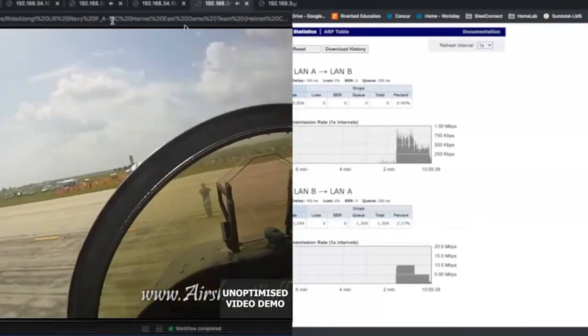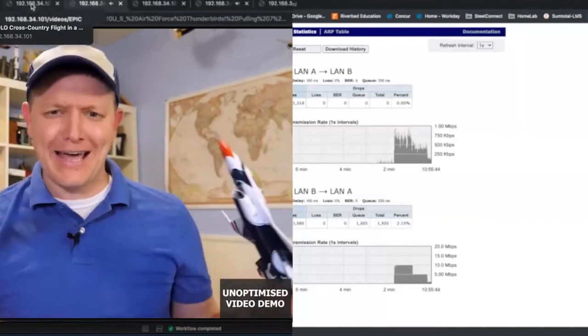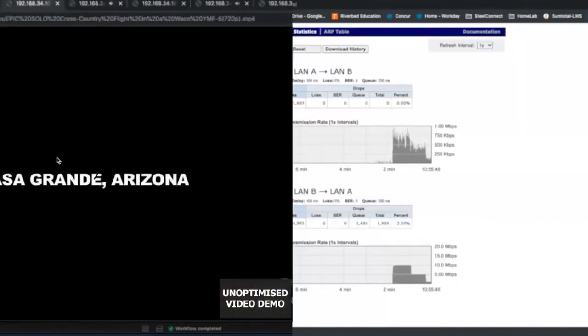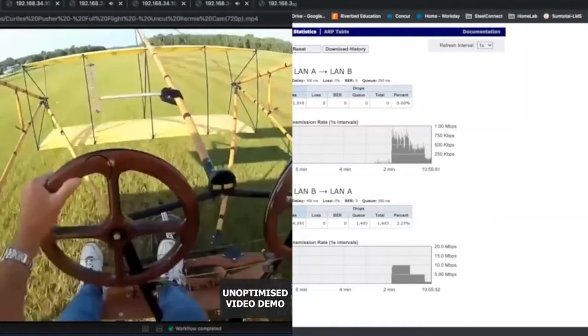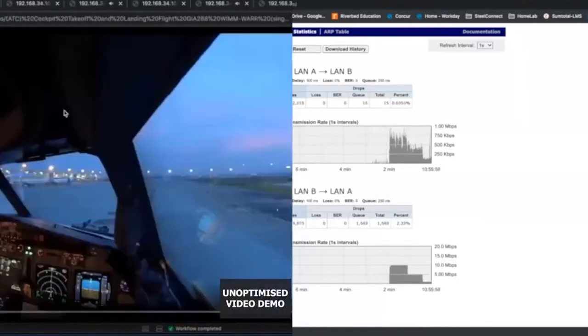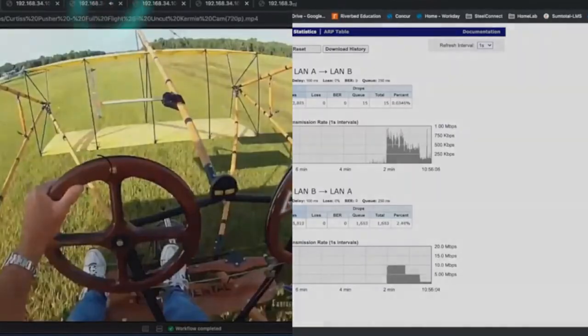And you can start to see the throughput drop, and you can see how bad the videos are looking at this point in time. So hopefully you get the general idea of how bad that video is, and it's starting to break and start to buffer and all the rest of it. So, yeah, it pretty much comes to a grinding halt.